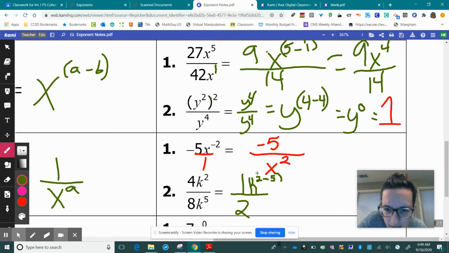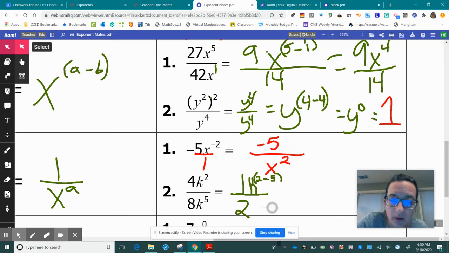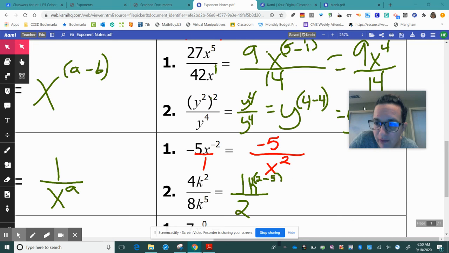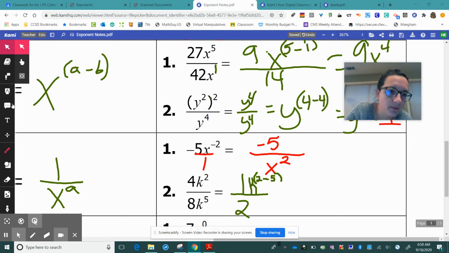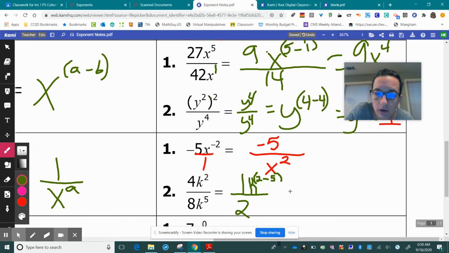Ooh, that's a nice 5. Now, as you're looking at this, did we need to write that 1 in the numerator? No. I'm going to leave that in the work. I won't put it on the next one. The 2 we needed. I'm going to move my face again. Okay, there we go. So we can simplify k to the 2 minus 5. What is that? Well, I'm going to leave the 1 for now.